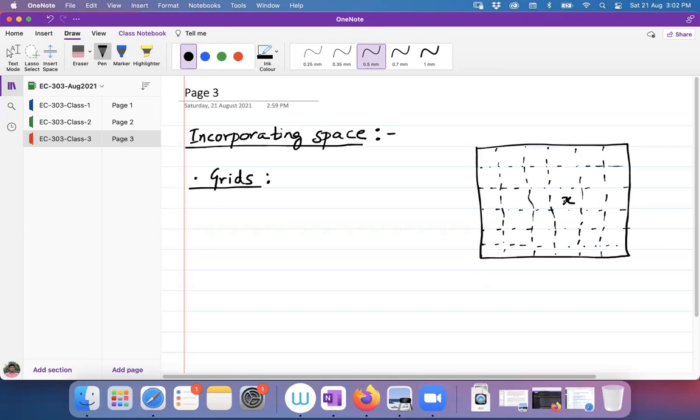Let's say the location of this grid is X. And then let's assume that N of X is the population density at location X. Is it fine? When I say at X, I actually mean that I'm only thinking of this grid here now.